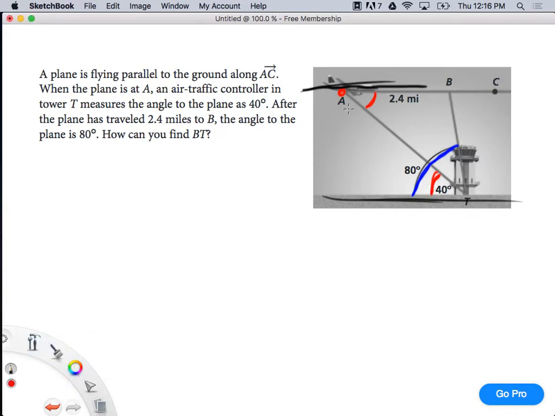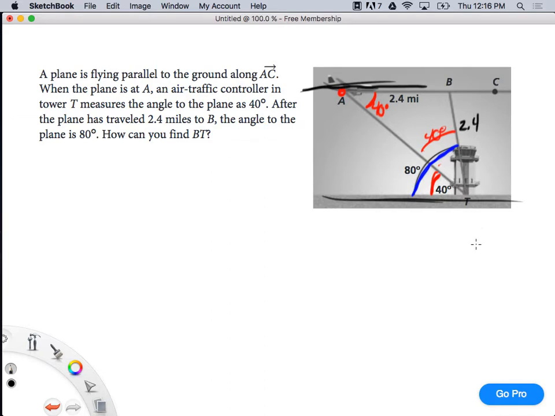So if that's 40, then this is also 40 degrees. And then when he's at B, the angle is 80, which means the angle between this line and this line is 40 degrees. Does that make sense? So it's an isosceles triangle, which means that if that's 2.4, then this is 2.4.